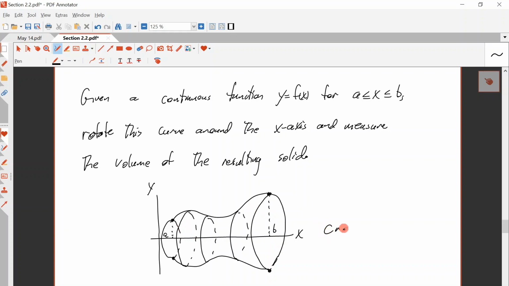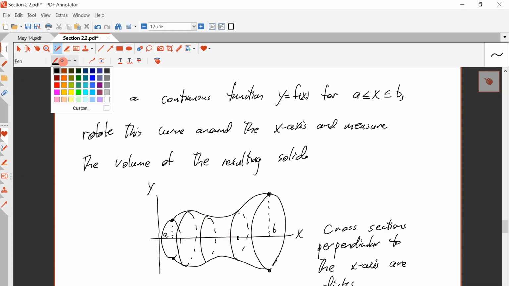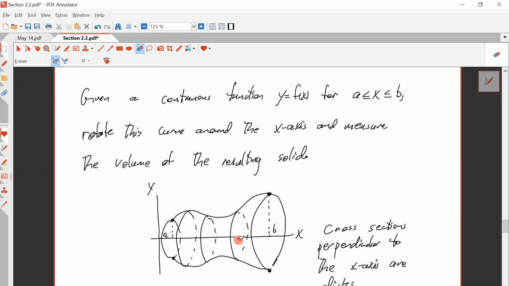So here at xi, the disk has radius what?